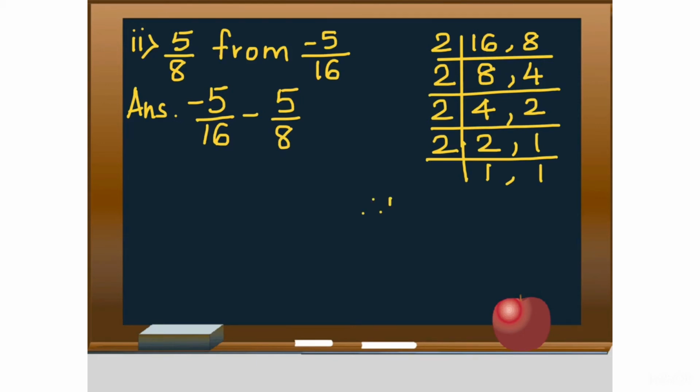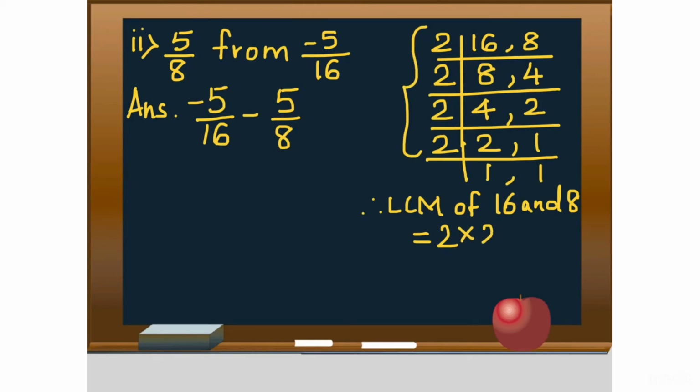Therefore, the LCM of 16 and 8 is equal to multiplying these factors: 2 times 2 times 2 times 2. This is equal to 2 times 2 is 4, 4 times 2 is 8, 8 times 2 is 16.